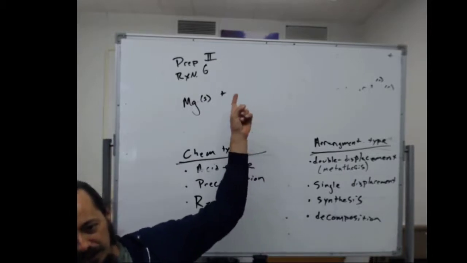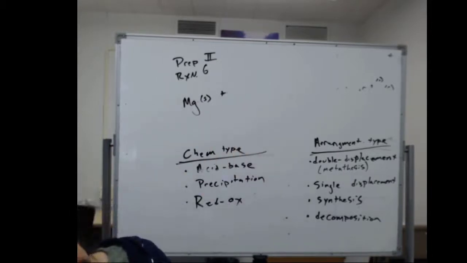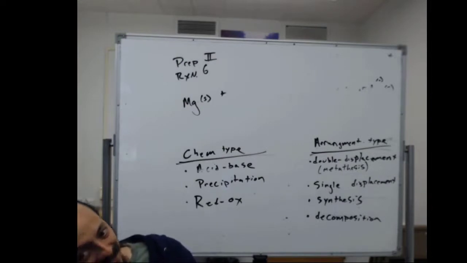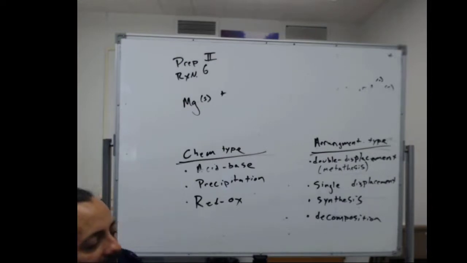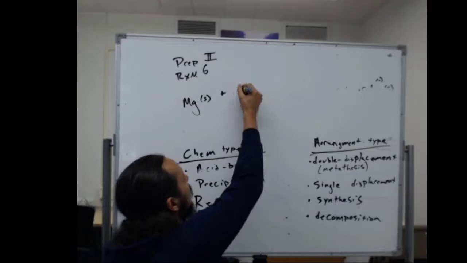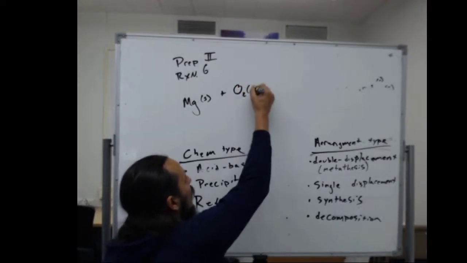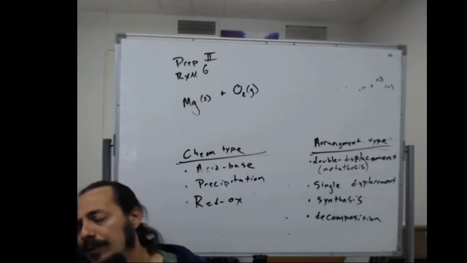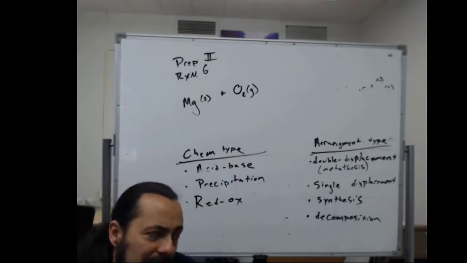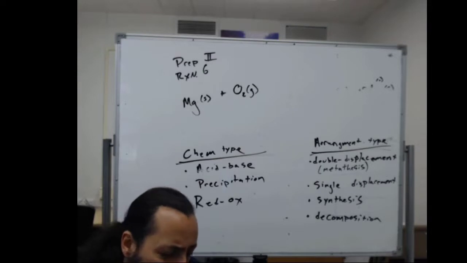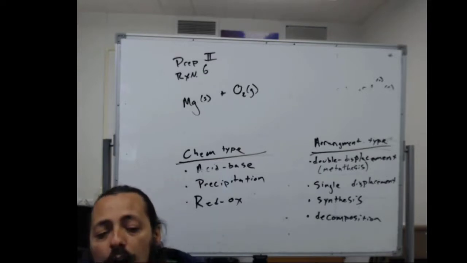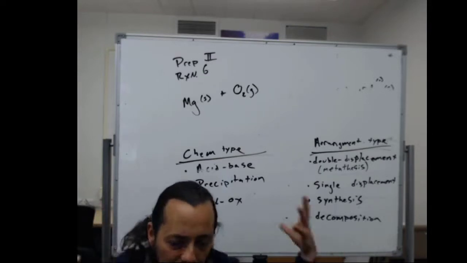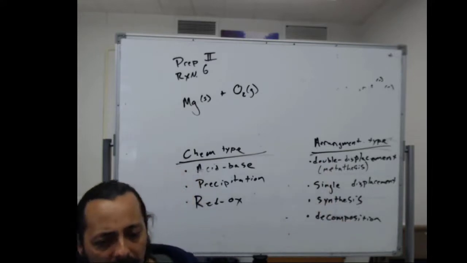Do I put fire as the other reactant? What is the magnesium actually going to react with? The oxygen? Yeah. It's going to react with oxygen gas. And it turns out it could have reacted with the nitrogen gas or the helium or the argon gas, or the carbon dioxide gas or the water gas that's all just kind of in the atmosphere.